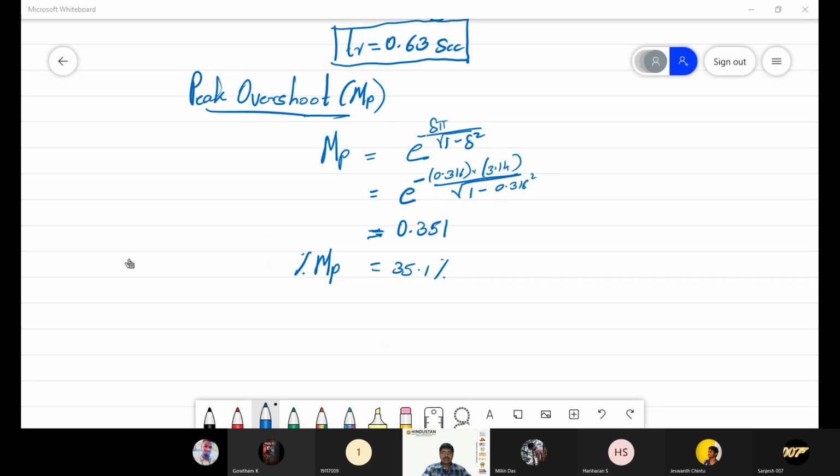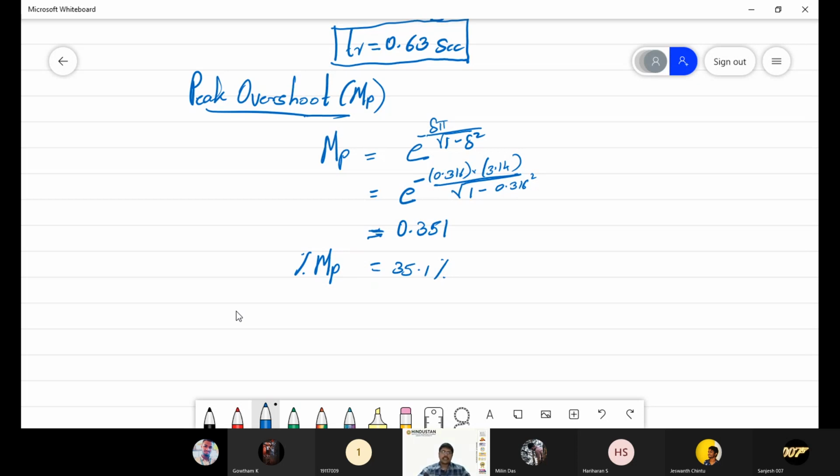Then one more thing, the settling time, we can find out. For settling time, we can take 5% error or 2% error. That is up to us. For 5% error, I am taking.